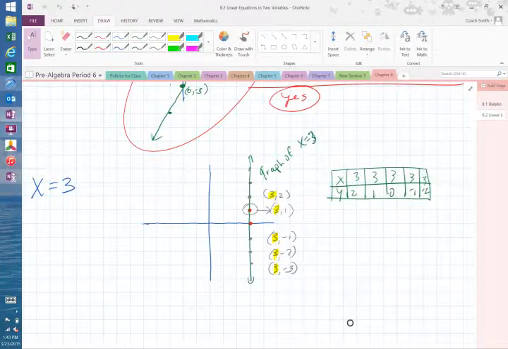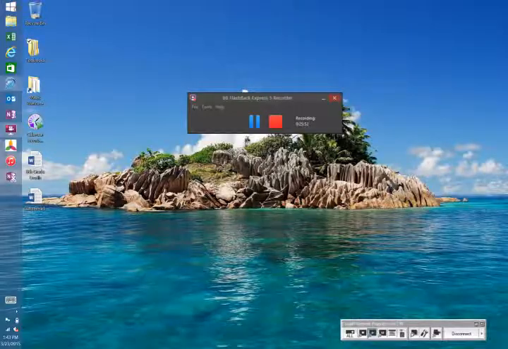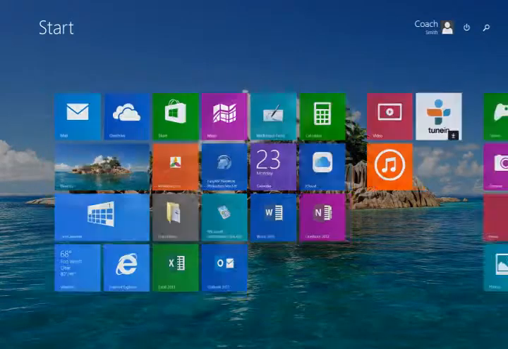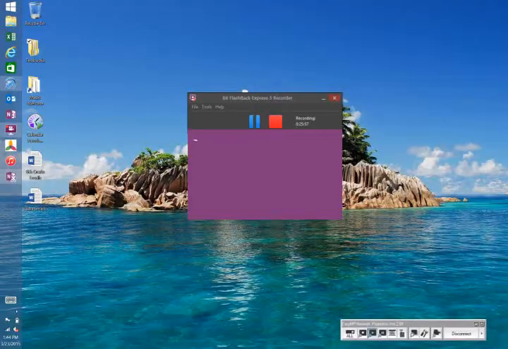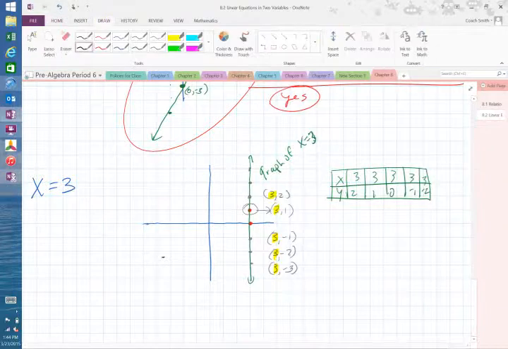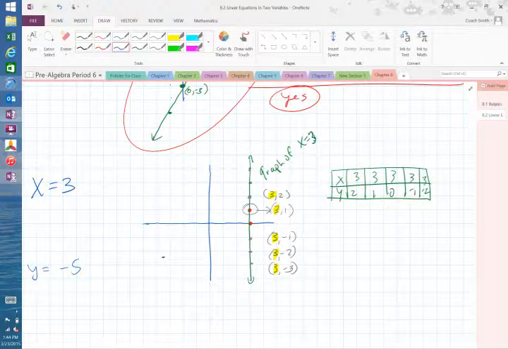So, where y is equal to negative 5. They want to know where the y coordinate is always equal to negative 5.